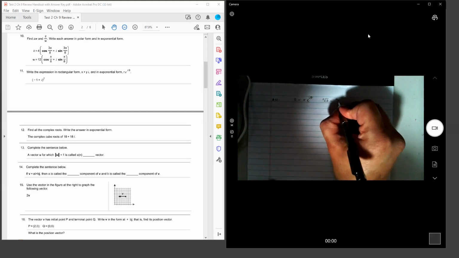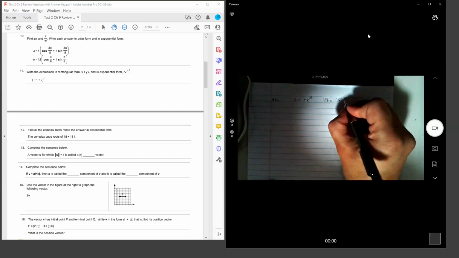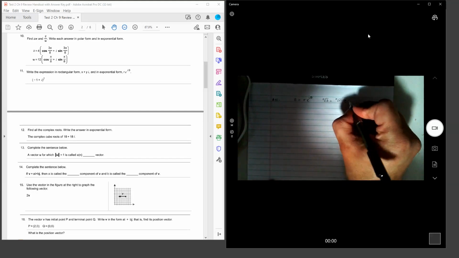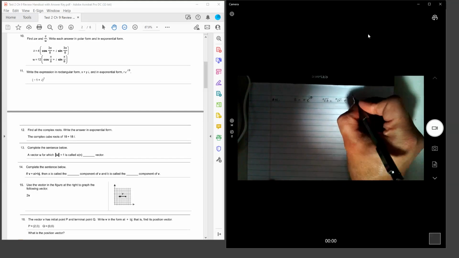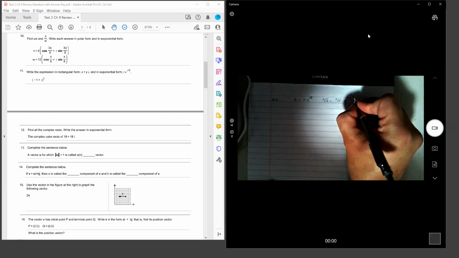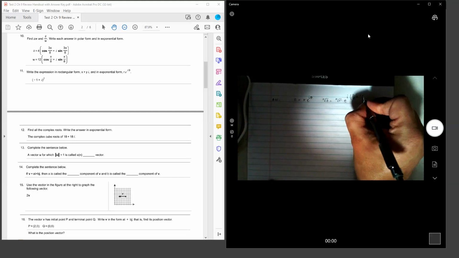The nth root of the magnitude times e to the i, theta divided by n plus 2 pi k divided by n.